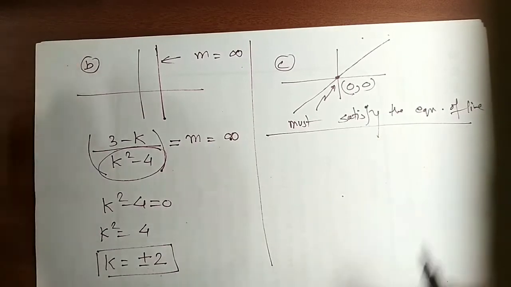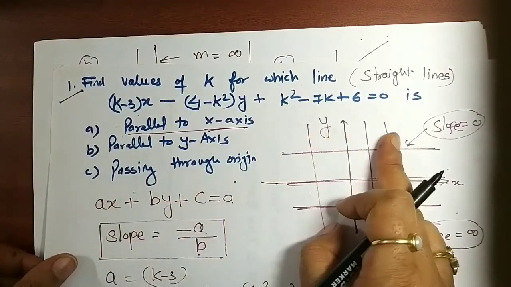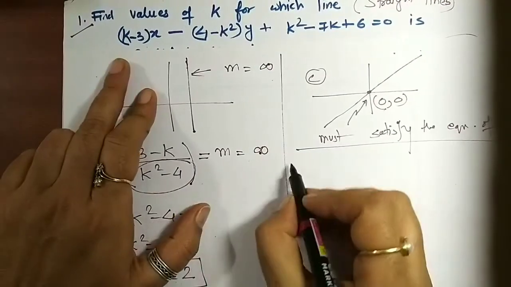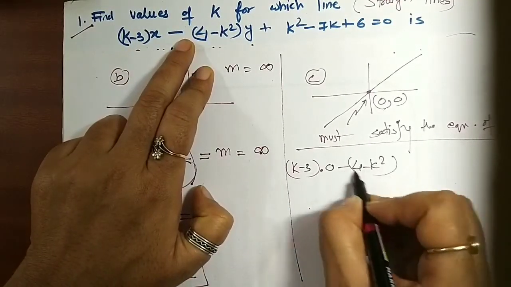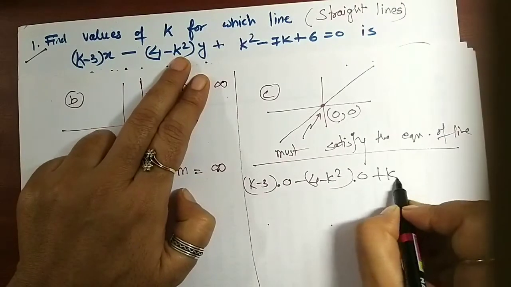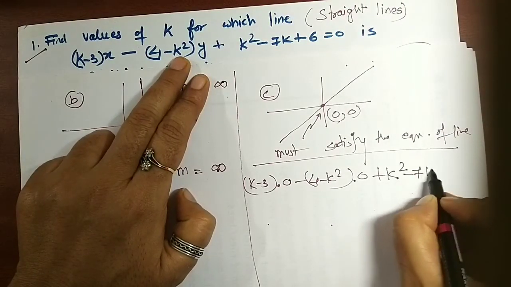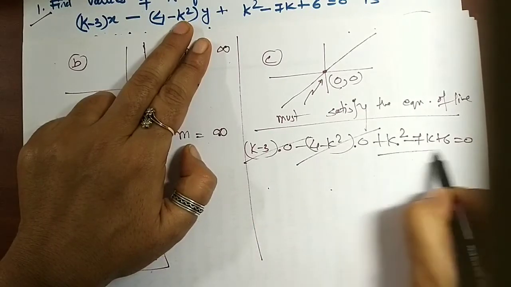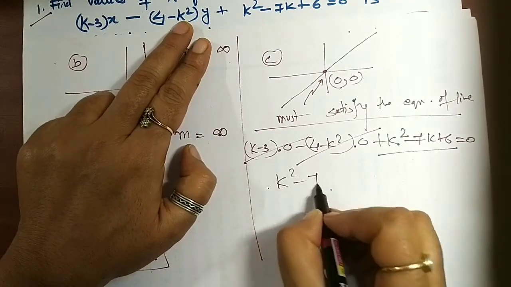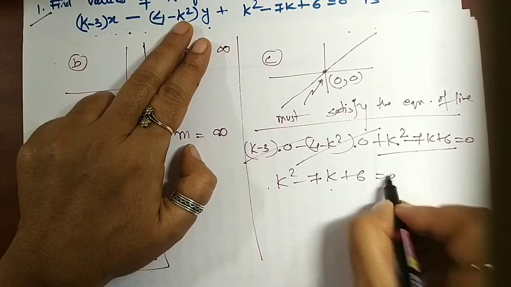Okay, so I will put 0, 0 in my equation of line. So if I put it there, I will get k minus 3 into 0 minus 4 minus k square into 0 plus k square minus 7k plus 6 is 0. So this is gone. Only this is left. So k square minus 7k plus 6 is 0.